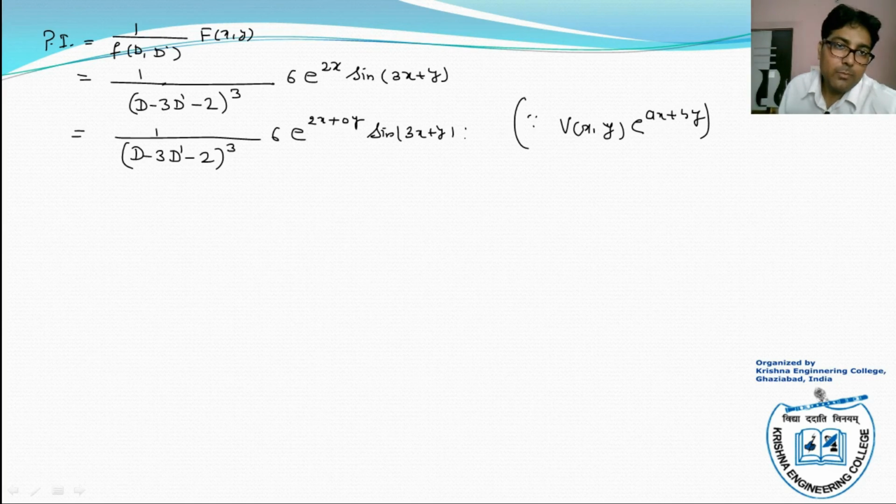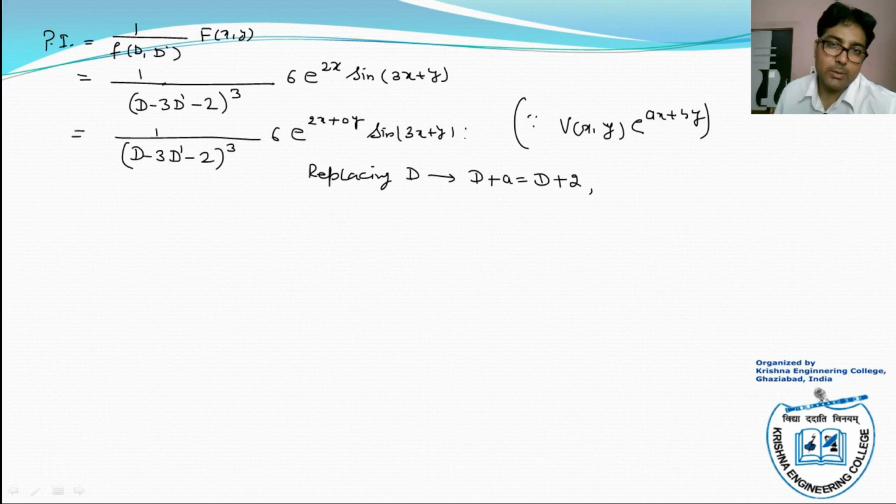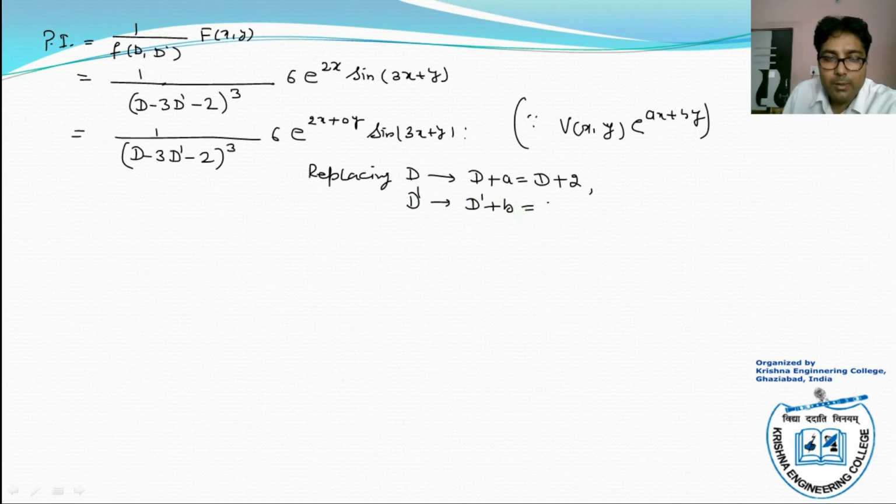So, replacing D by D plus a, that means D plus 2, a is the coefficient of x in the exponent. Clear? And replacing D' by D' plus b, in this problem b is 0.